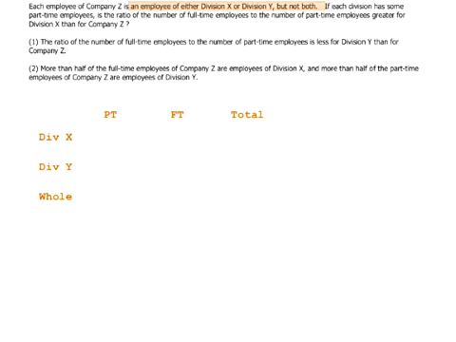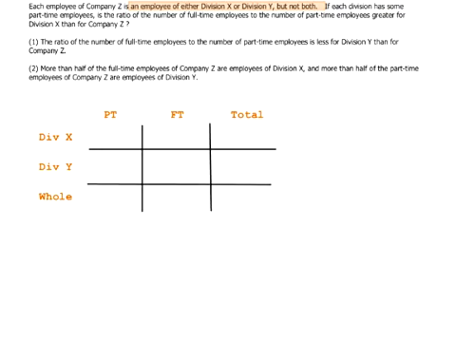Okay. And then the deal is, we're interested in the ratio of part-time to full-time, actually the other way around.